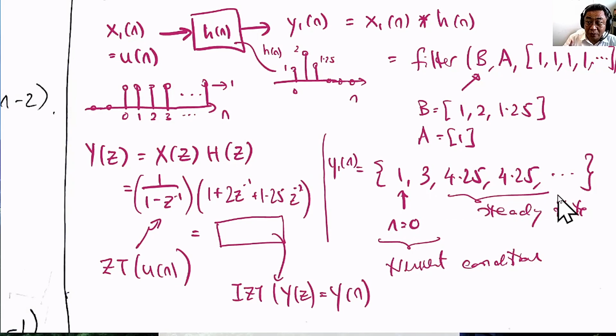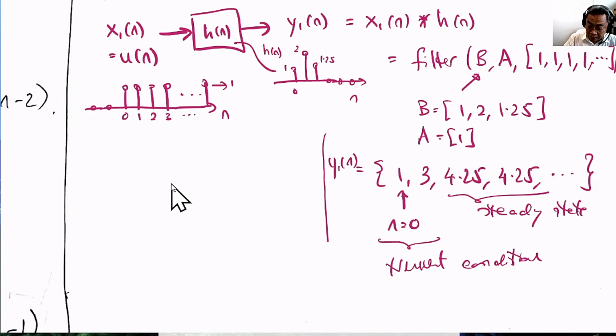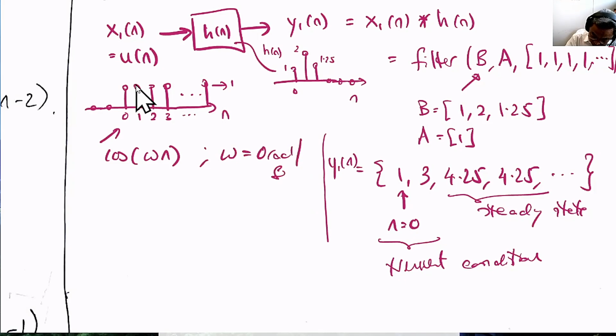But in this question, we are only asked to find the steady state, so there's an easier way to do this. I'll erase this board now, and I'll show you the steady state response. The idea is to observe that u[n] can be considered as cosine(omega n), where omega equals 0 radians per sample.